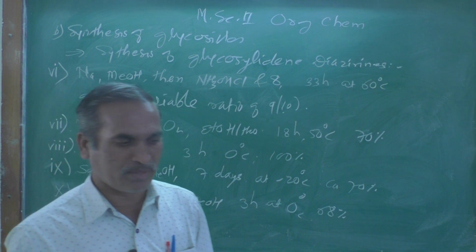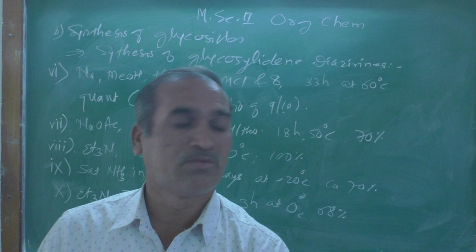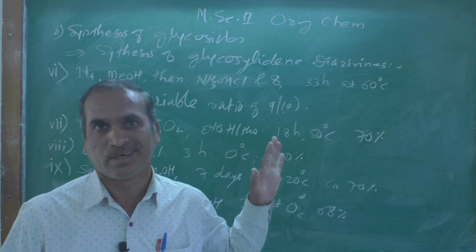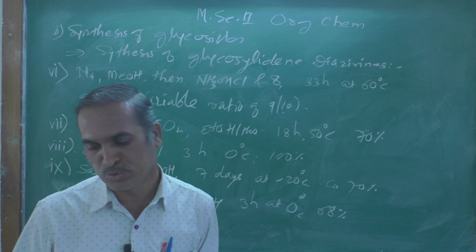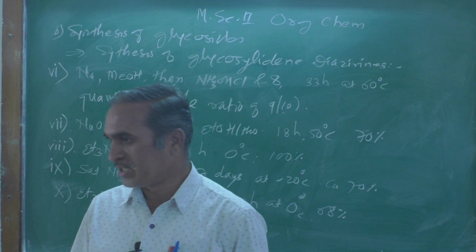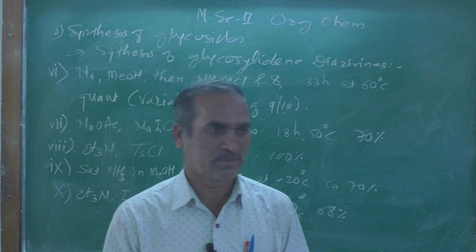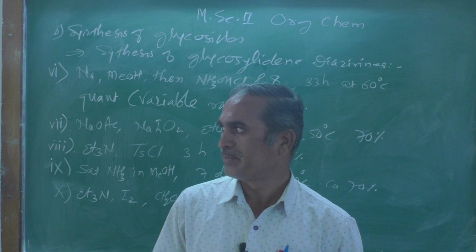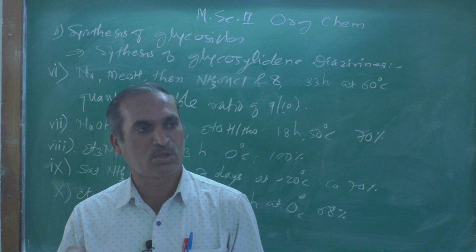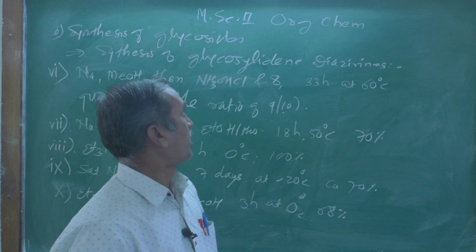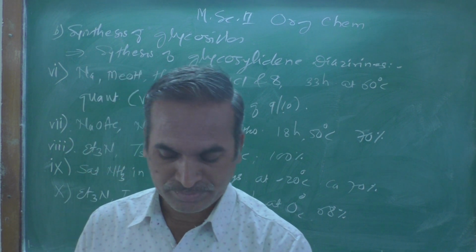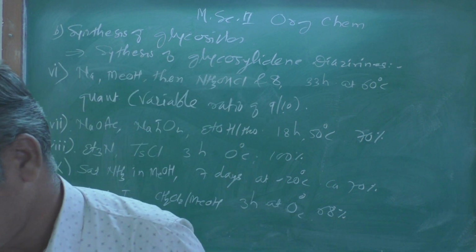So this is all about how we are getting the diazirine, and these are the separate reagents I have shown over here. I hope you understood what is meant by the glycosylidene diazirine derivative. And now what is the next point?